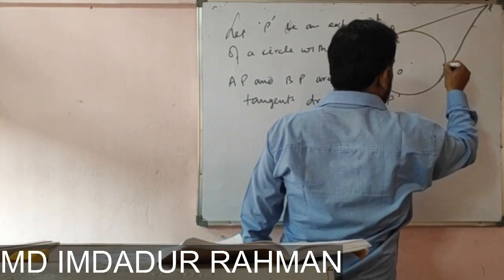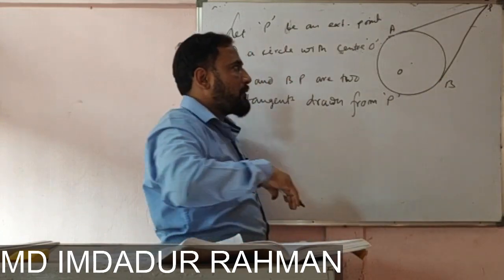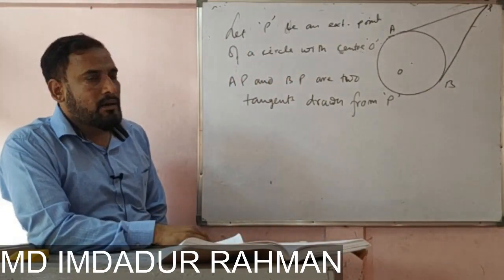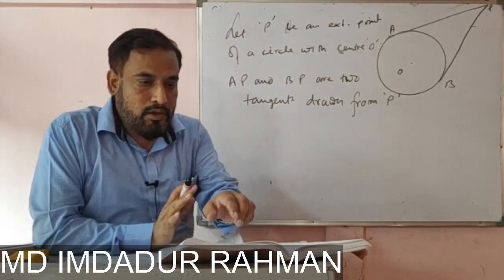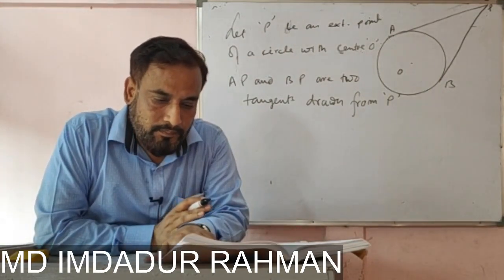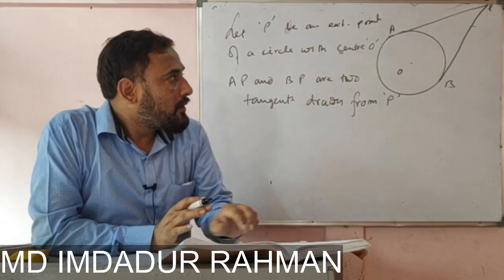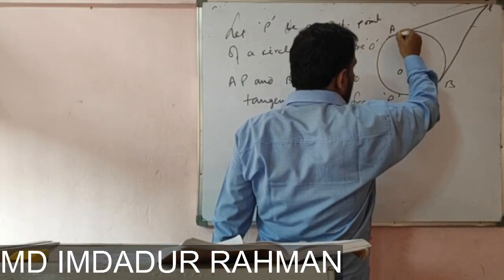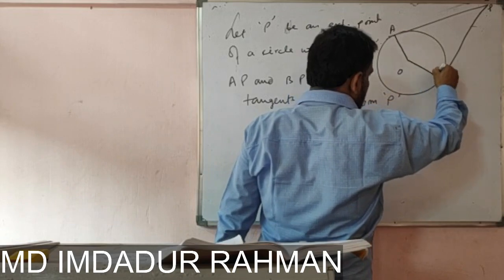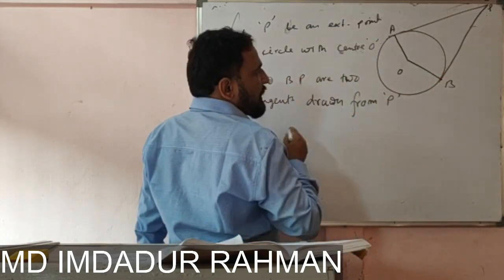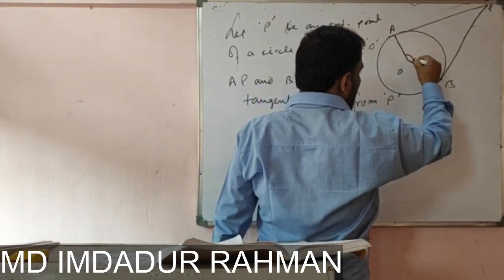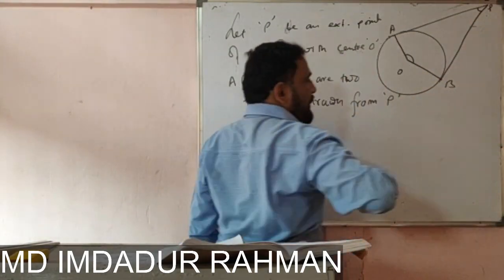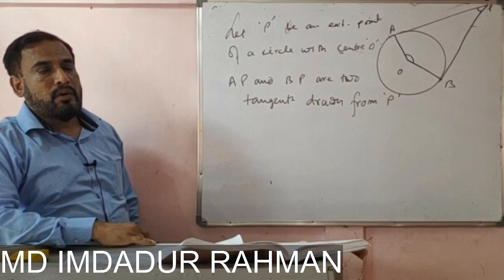A is the point of contact and B is the point of contact of AP and BP respectively. Then what is to prove? If we make another angle here at the center from the points of contact, the angle formed at the center and the angle formed at the external point are supplementary. We have to show this one.